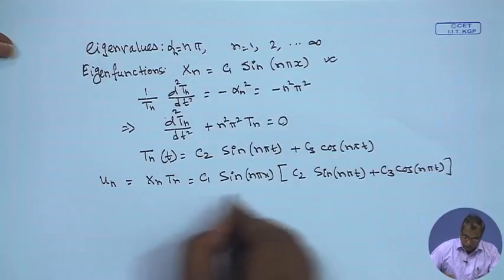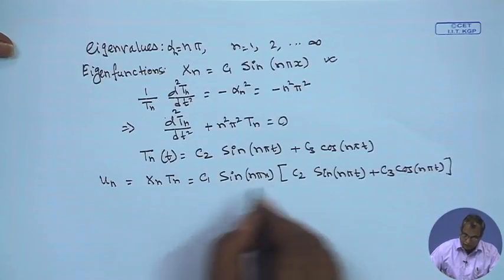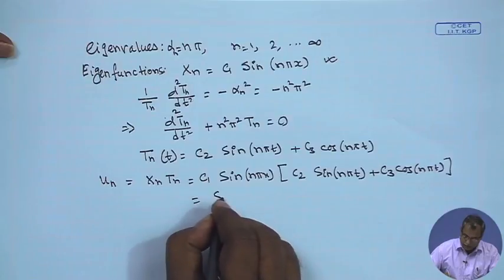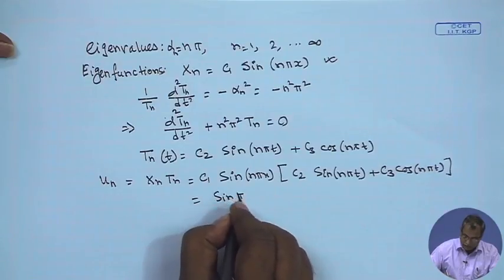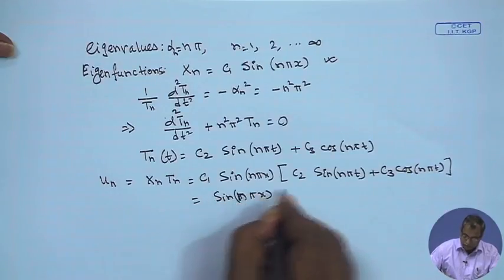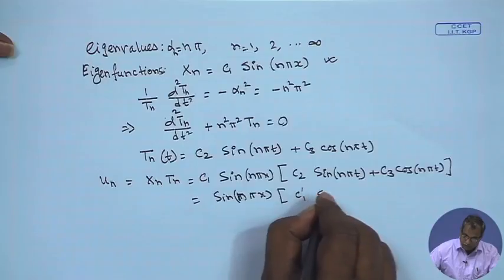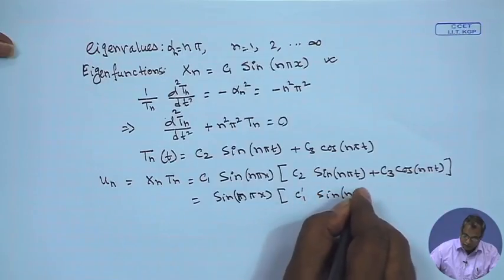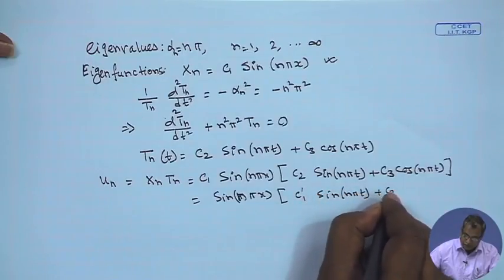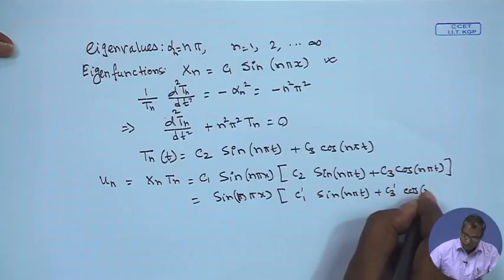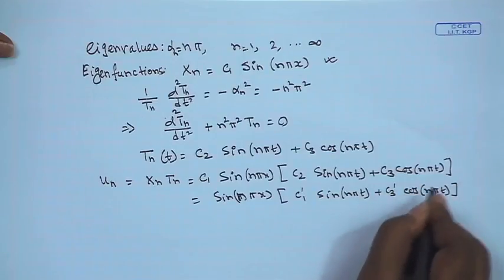So, I take this inside. This will be sin n pi x times C 1 C 2, which will be a new constant, let us say C 1 prime, sin n pi t plus C 3 prime cosine n pi t.